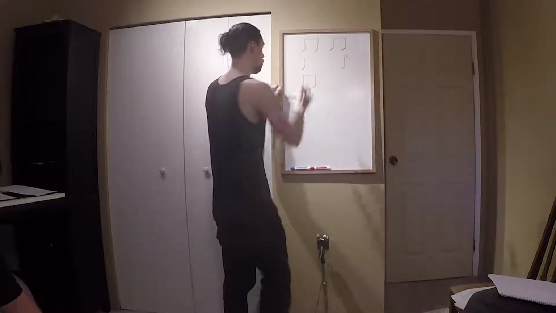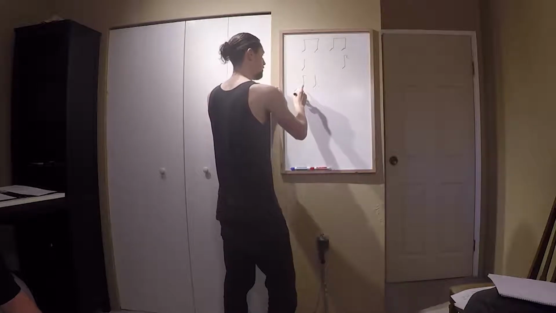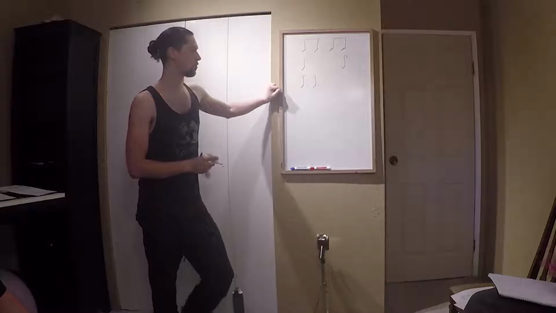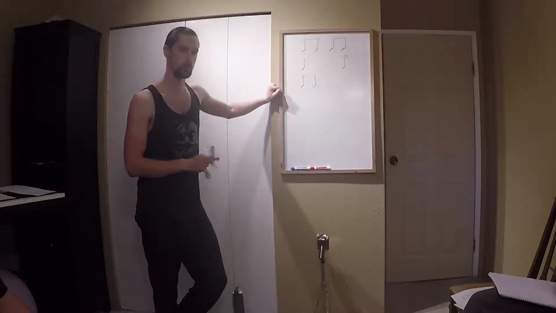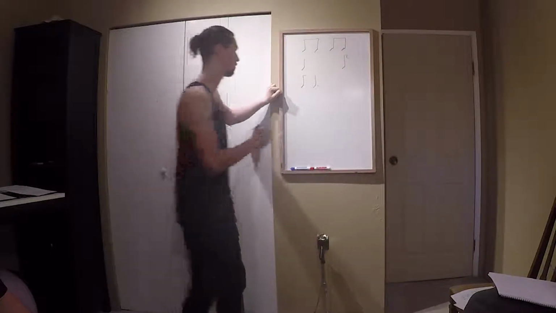So we wouldn't want to have a loose eighth note and then a dotted quarter, because that's confusing to look at. It's not showing you where the strong beat is in the measure, right?